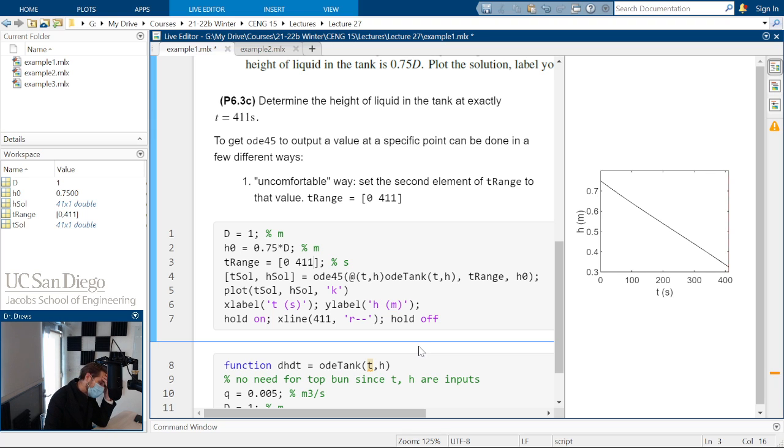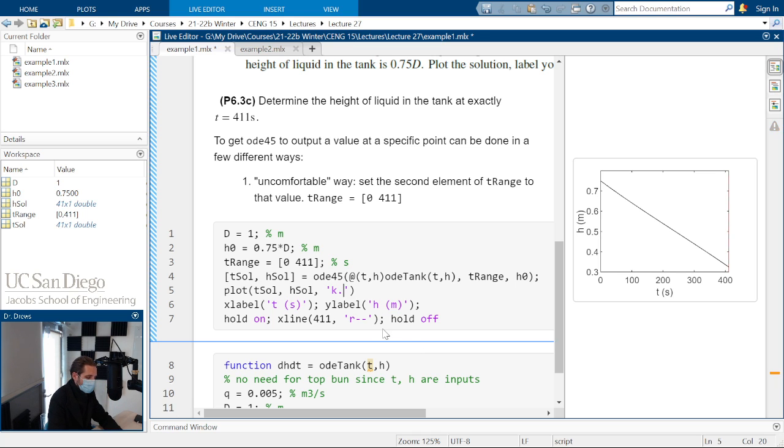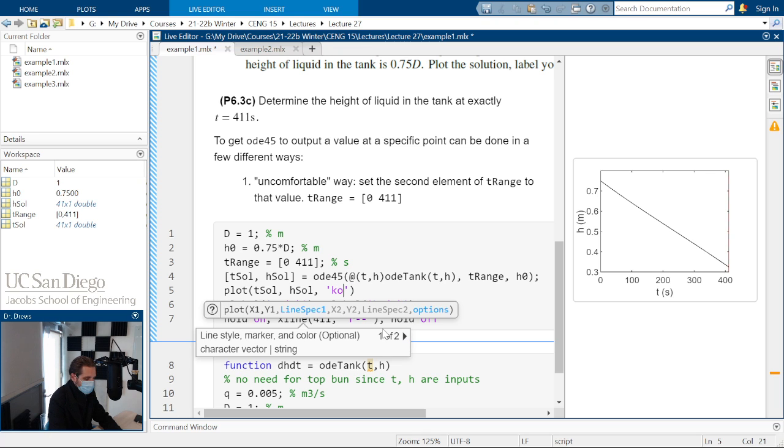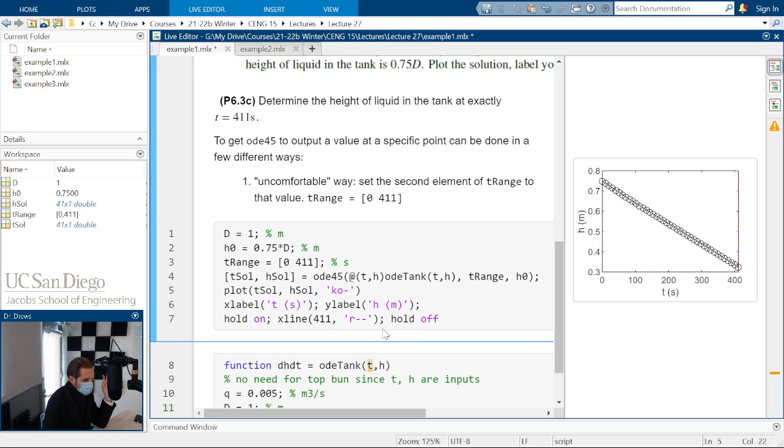The reason that I say that makes me uncomfortable is it's kind of weird to just set the range arbitrarily like that. It's not wrong. The solution is no less or more accurate based on changing that range from 411 out to maybe 630 or something like that. But the endpoints are treated ever so slightly differently than the rest of the points. If we were to plot this as, say, circular markers so that we can see it, on this one it's essentially the same.